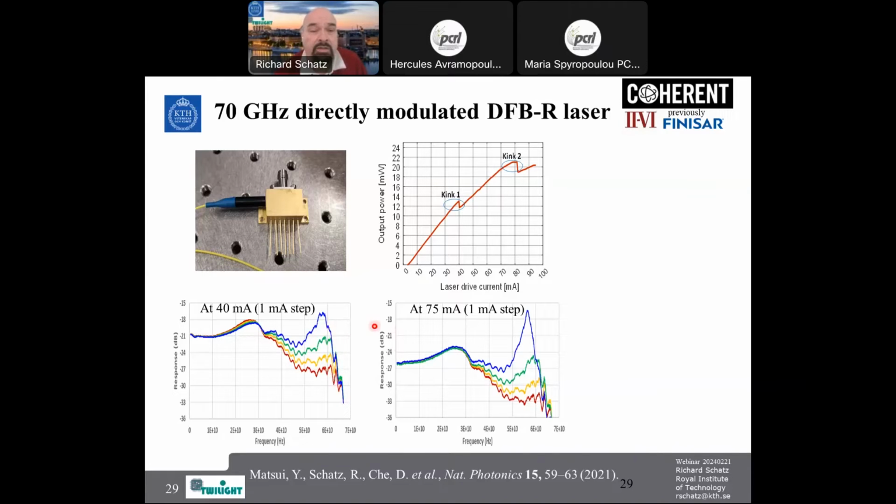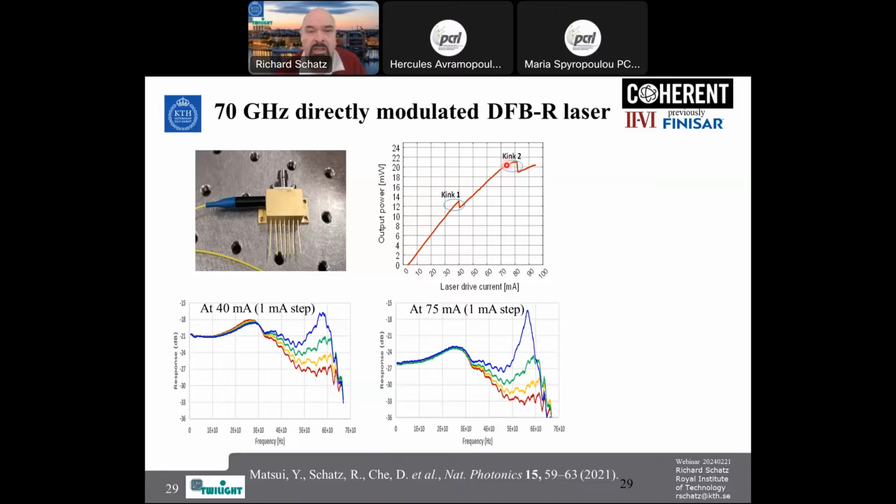And this occurs very close to where the laser mode jumps. So you need to be very close to the kinks here in the LI curve in order for this to happen. There are two mode jumps here, one at around 40 milliamp and another one at 75 milliamp. And we could get the highest modulation bandwidth and best results at this second kink.